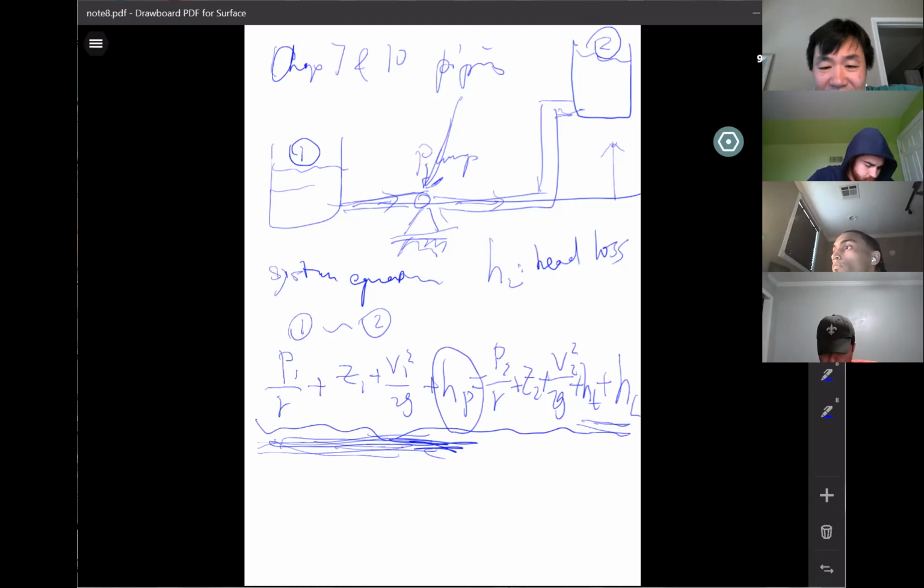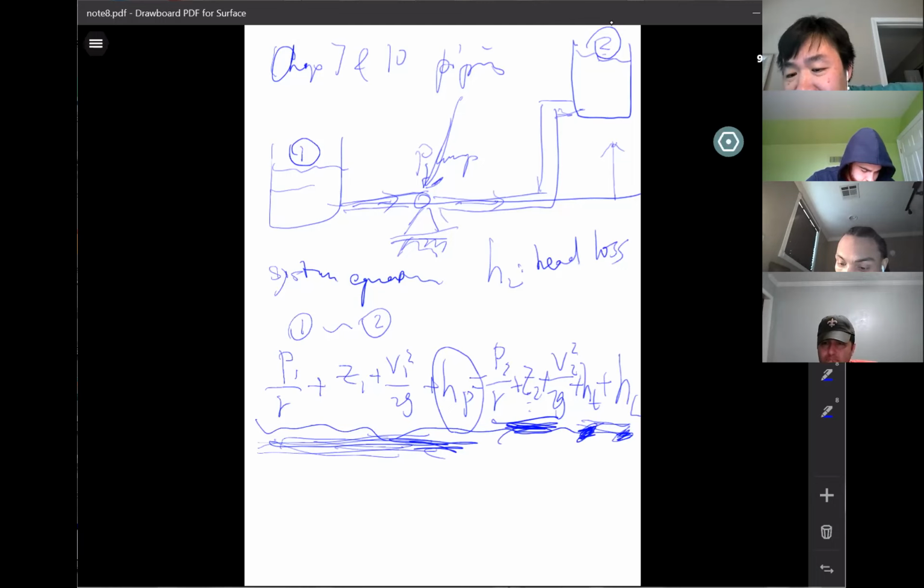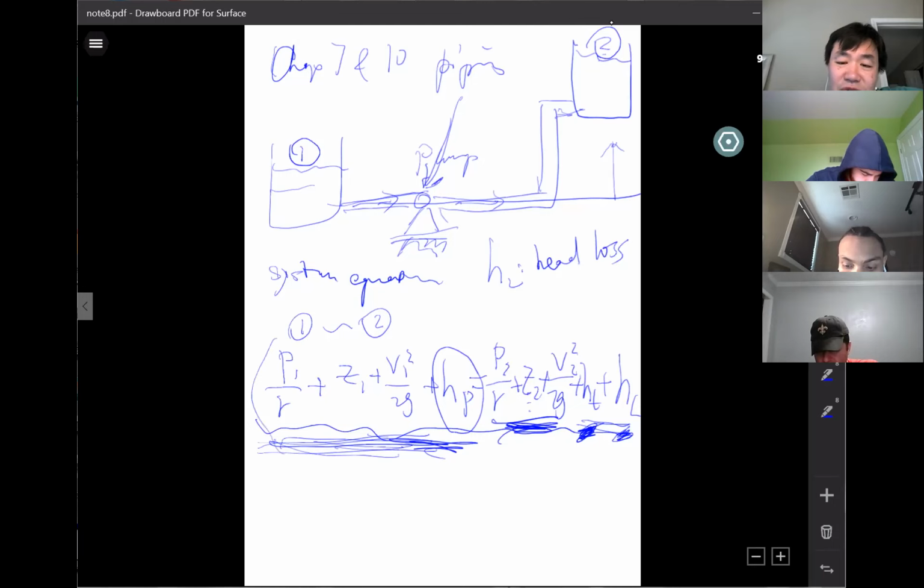What's the pressure, elevation, and velocity? Some of the energy may be taken to make electricity. Some of the energy disappears because of the loss, friction.